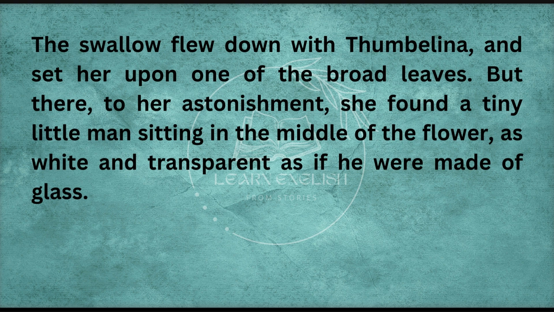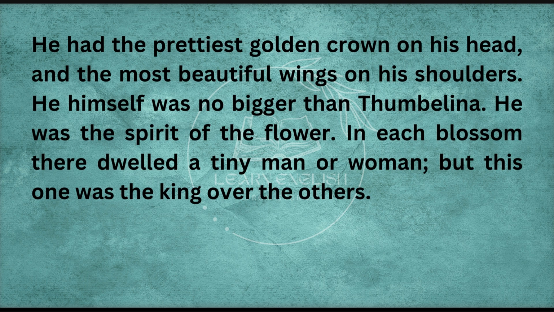But there, to her astonishment, she found a tiny little man sitting in the middle of the flower, as white and transparent as if he were made of glass. He had the prettiest golden crown on his head, and the most beautiful wings on his shoulders. He himself was no bigger than Thumbelina. He was the spirit of the flower.